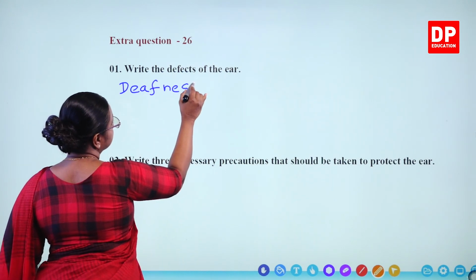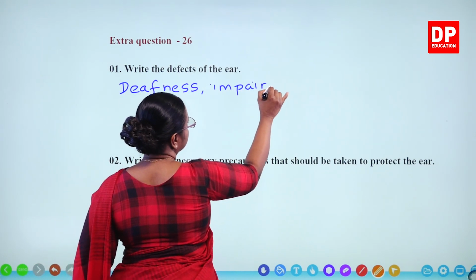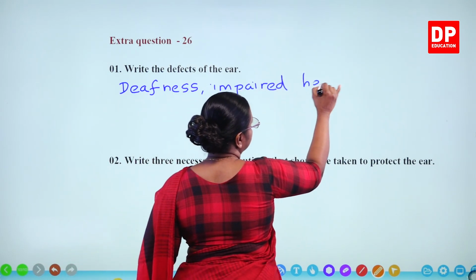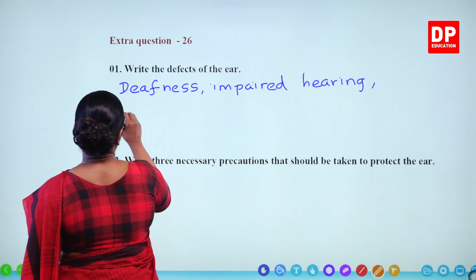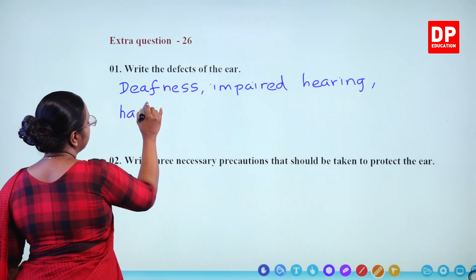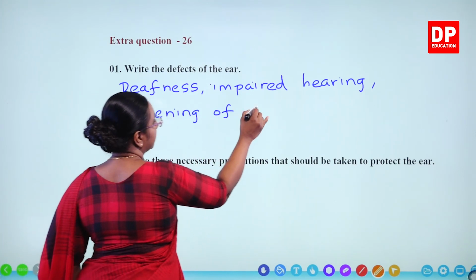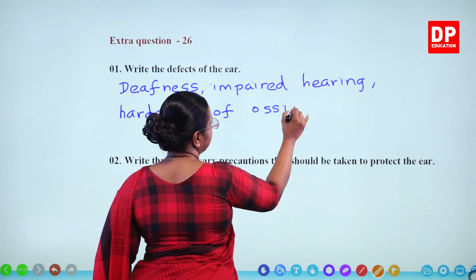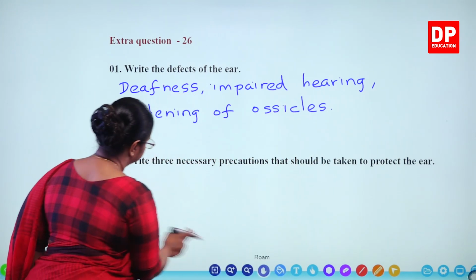Deafness, impaired hearing and hardening of ossicles. Those are the defects of the ear.